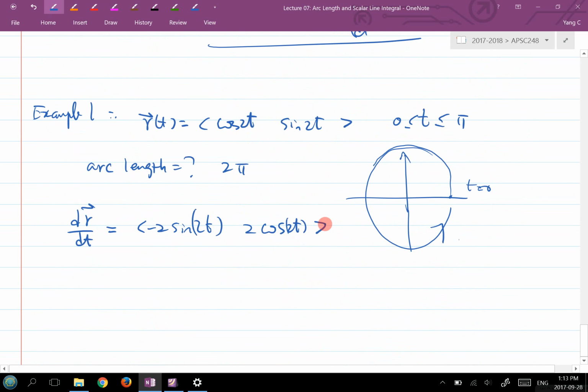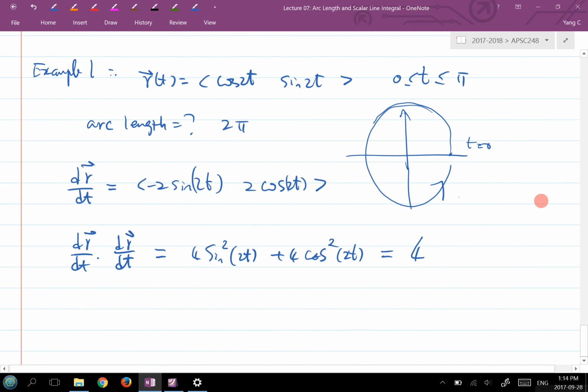Good, that's dr over dt. Then I need to calculate the dot product with itself. That gives me 4 sine squared 2t plus 4 cosine squared 2t, which by trigonometry is equal to 4.